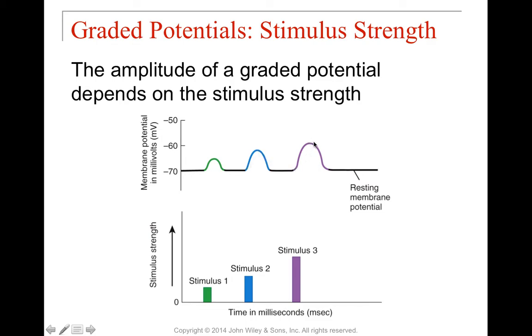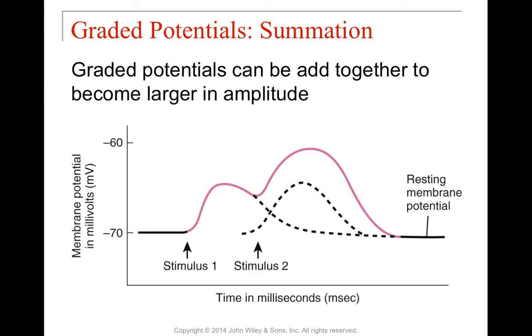And with the strongest stimulus, we get the greatest change. We go from negative 70 to negative 55. So the amplitude of the potential depends on the stimulus strength, i.e. the change in the membrane electrical gradient depends on how strong of a stimulus you hit that membrane with.